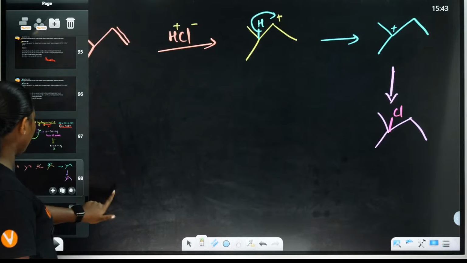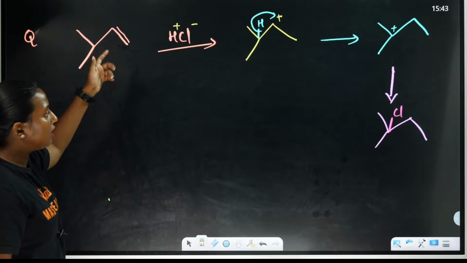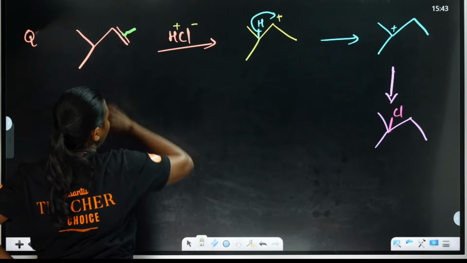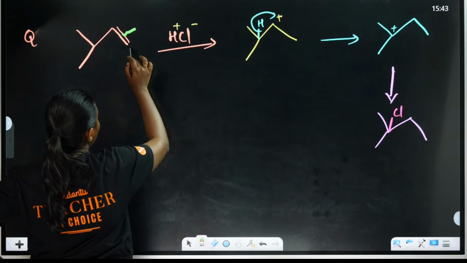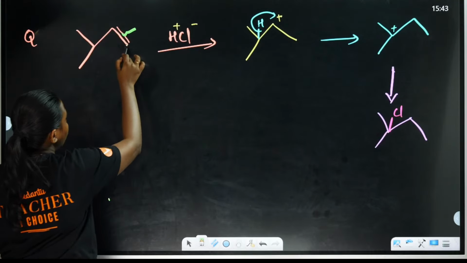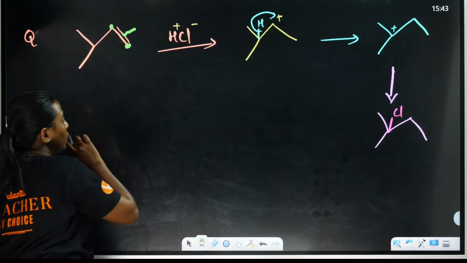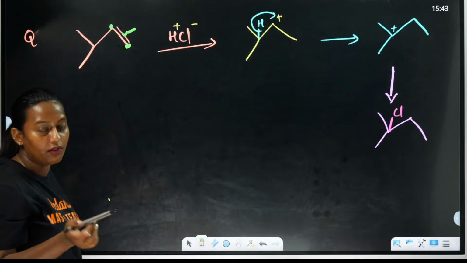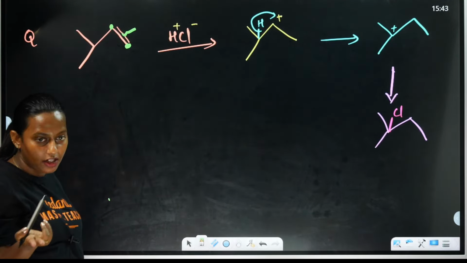Before that we can do one example. So Inga, just consider HCl. First this double bond will break and hydrogen will come. Which side? Hydrogen can attach here, or here also. Which side is the more stable side? We know Markownikov's rule and anti-Markovnikov's rule.